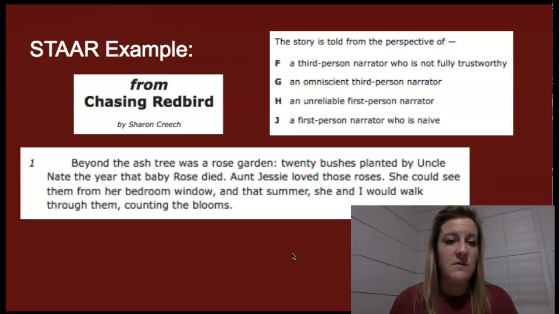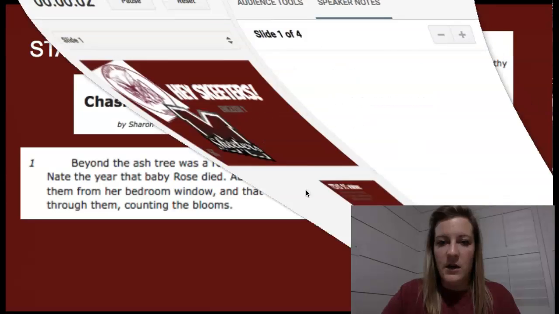This excerpt is from Chasing Redbird. It's from a released STAAR test. And the question is asking, the story is told from the perspective of who? So you're trying to determine, based on what you read in the paragraph, or even just the story itself, what perspective is being told from. Okay.